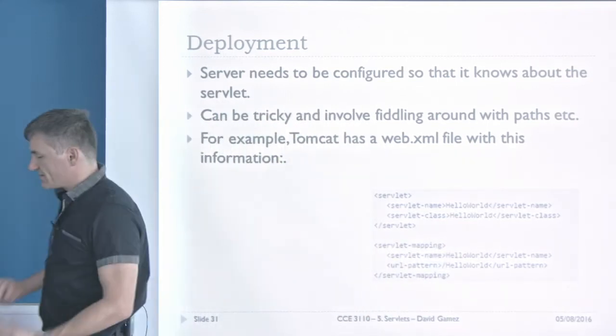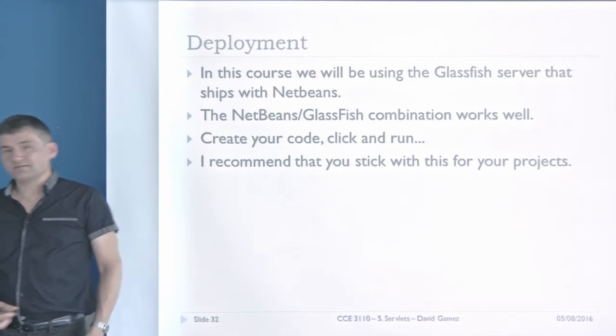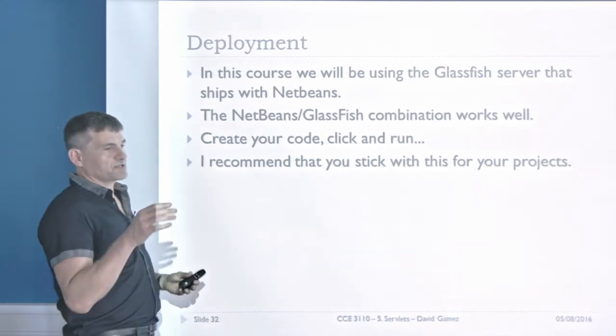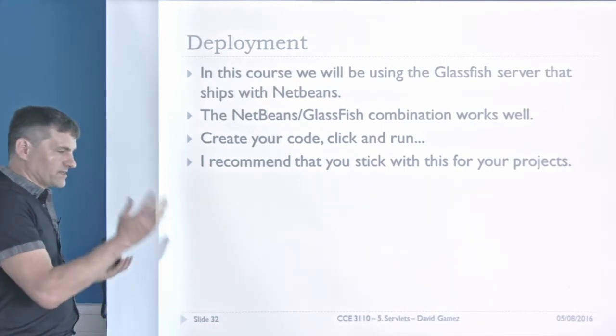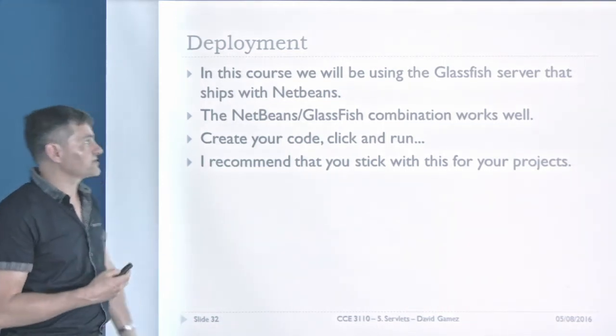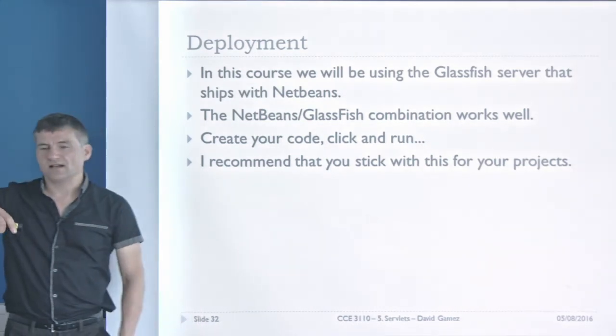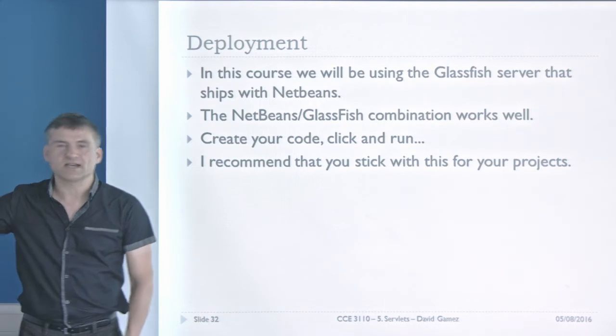So you can do it all manually, but fortunately NetBeans and GlassFish work like a dream. You can just create your code, click and run, and you get a servlet running in under 5 minutes, as I'll show you. So we don't have to worry about that, but if you're doing this commercially, then you might have to deploy things in Tomcat in a more systematic way.